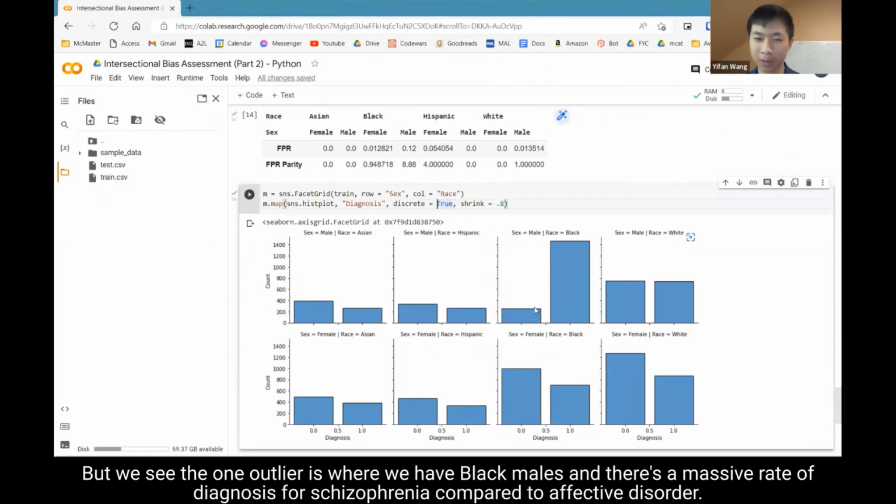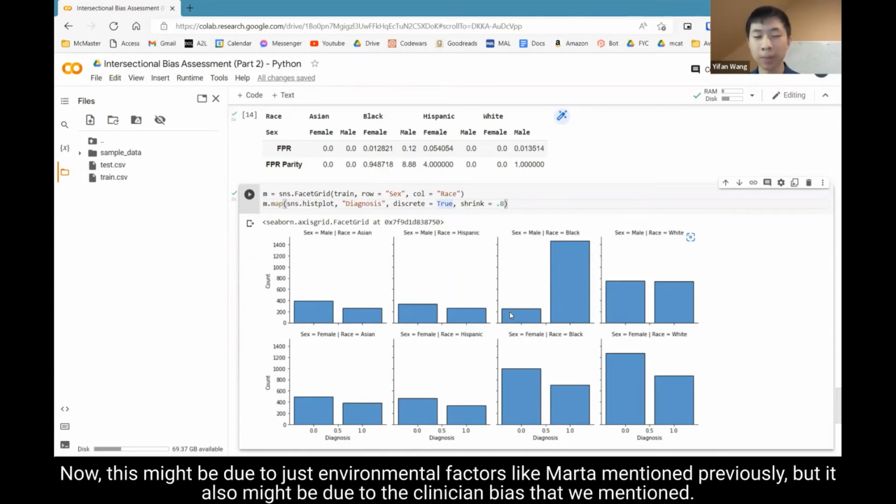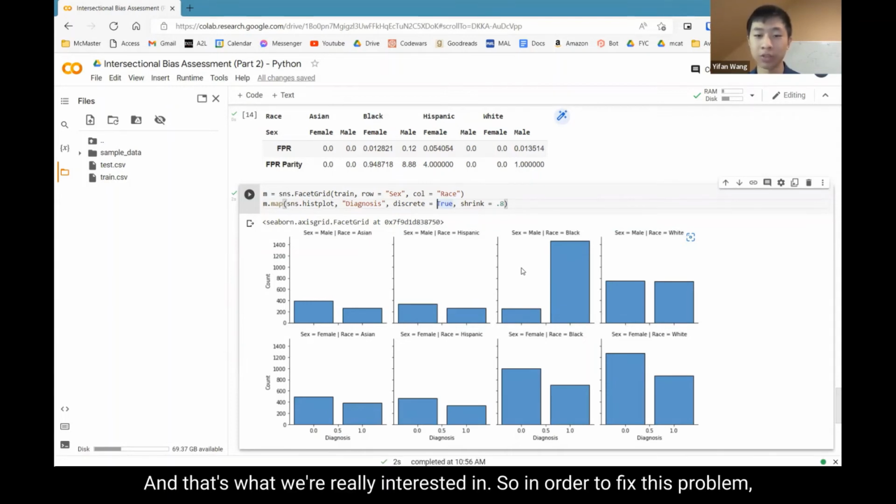But we see the one outlier is where we have Black males, and there's a massive rate of diagnosis for schizophrenia compared to affective disorder. Now, this might be due to just environmental factors like Marta mentioned previously, but it also might be due to the clinician bias that we mentioned. And that's what we're really interested in.